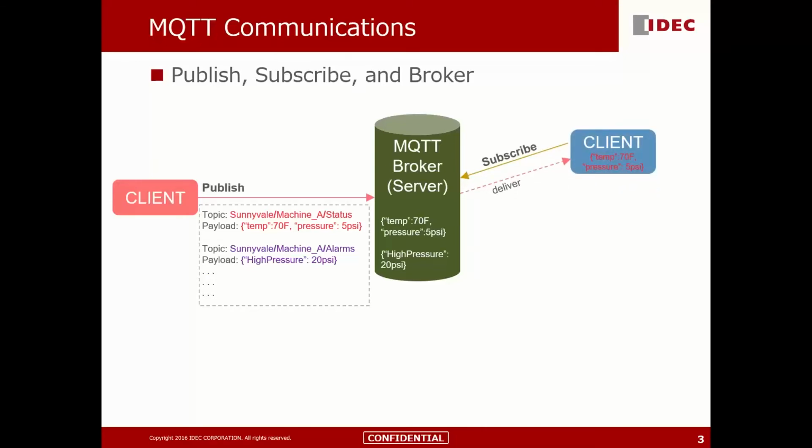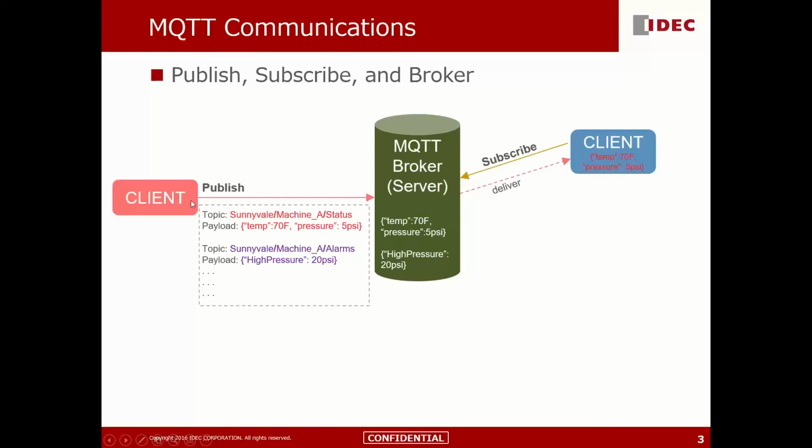And then you have a different client, and this client would be basically subscribing to that topic. For example, if this client right here, this client subscribed to this topic Sunnyvale/machine A/status.